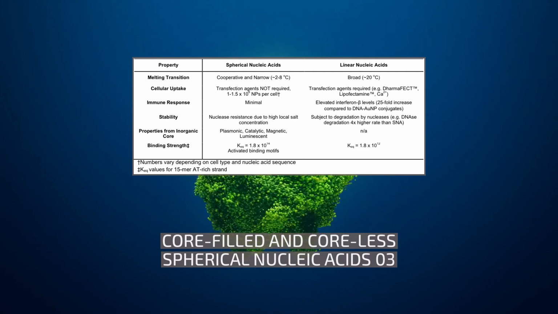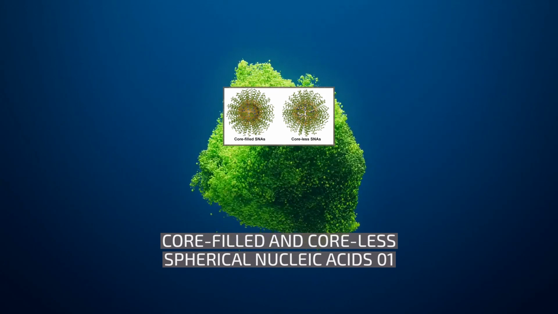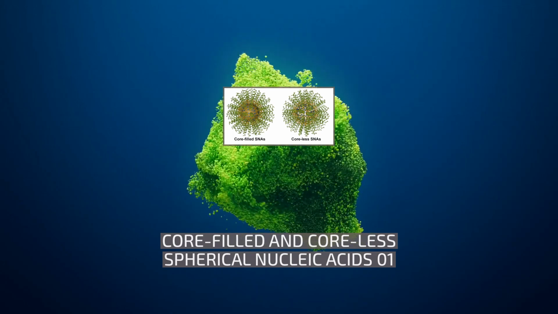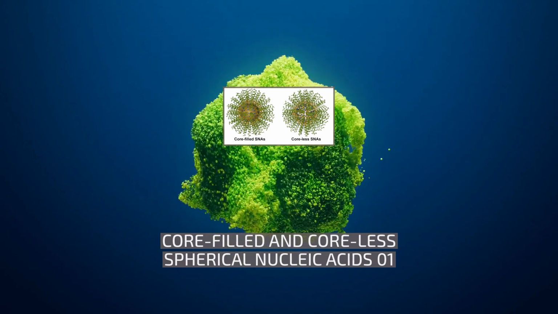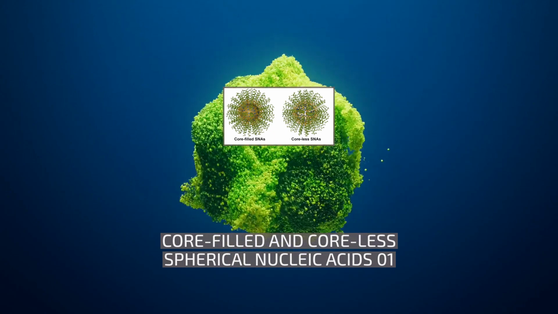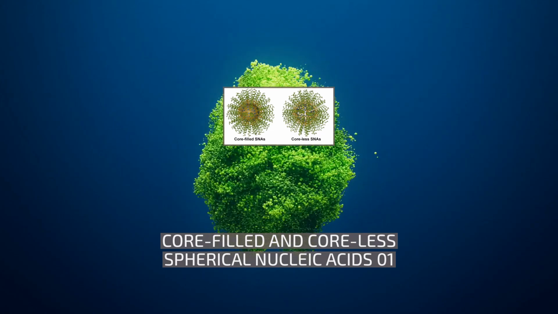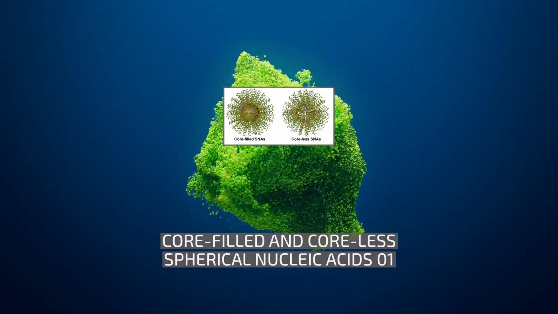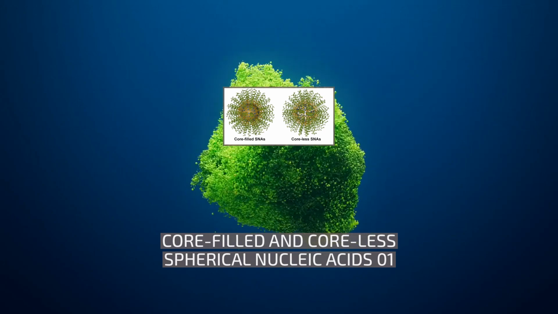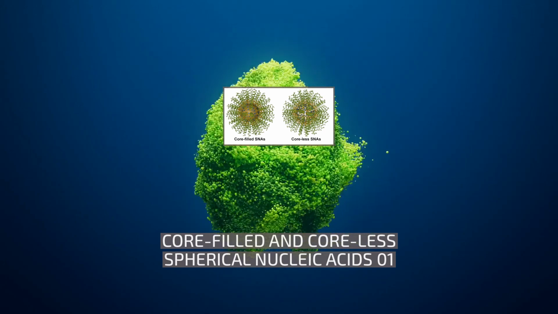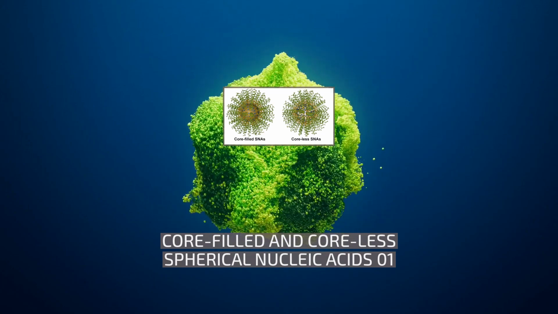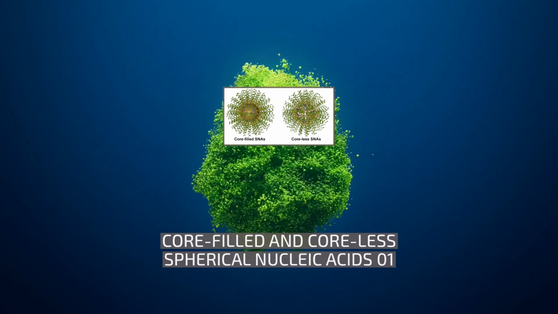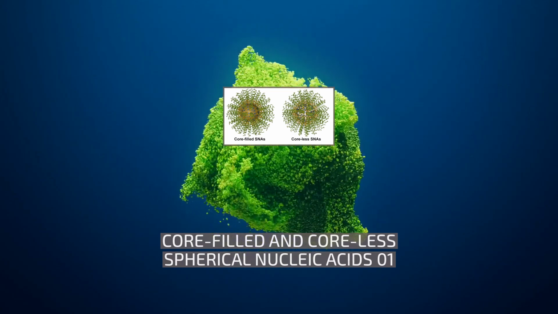The first SNA consisted of a gold nanoparticle core with a dense shell of 3-alkylthiol-terminated DNA strands. Repeated additions of salt cations were used to reduce the electrostatic repulsion between DNA strands and enable more efficient DNA packing on the nanoparticle surface. Since then, silver, iron oxide, silica, and semiconductor materials have also been used as inorganic cores for SNAs.